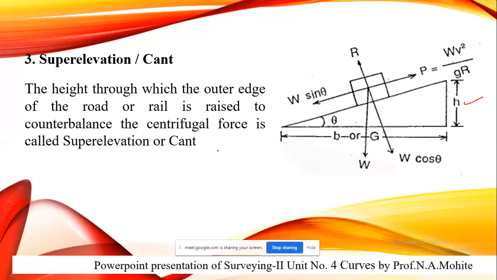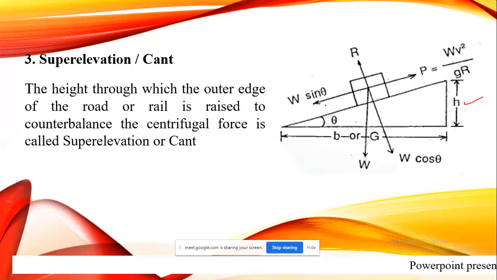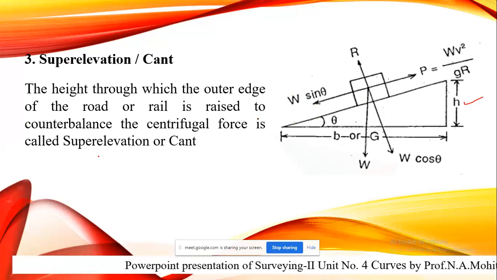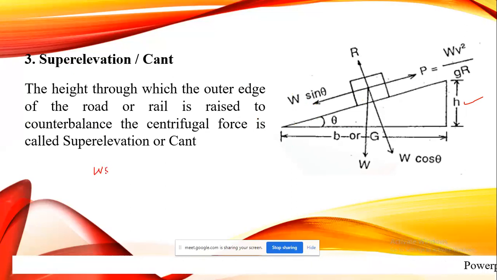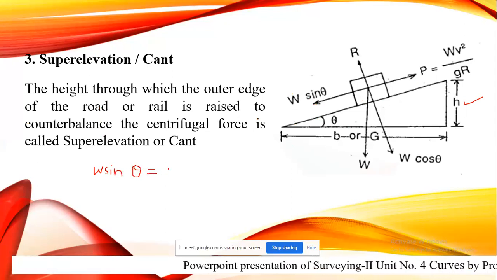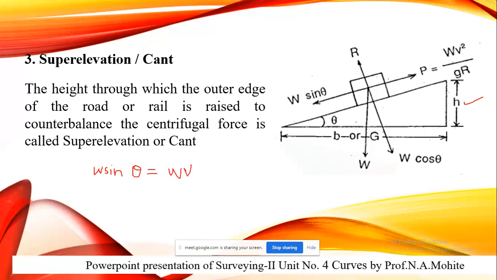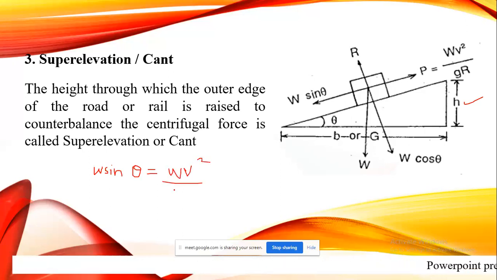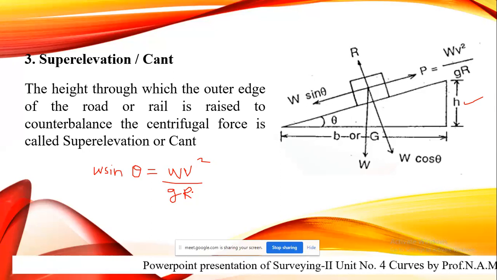So as they counterbalance each other, W sin theta will be equal to WV square divided by GR.